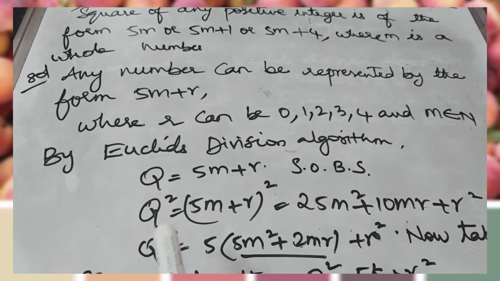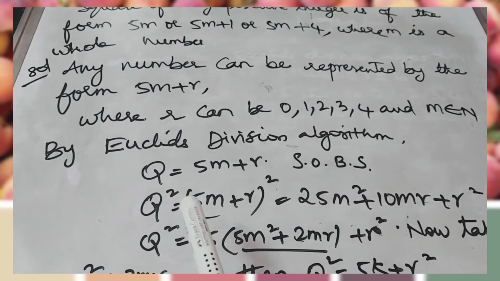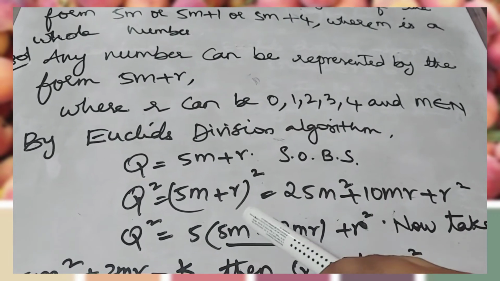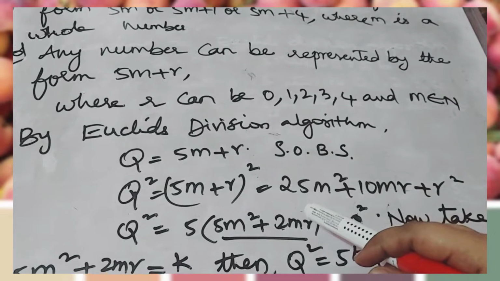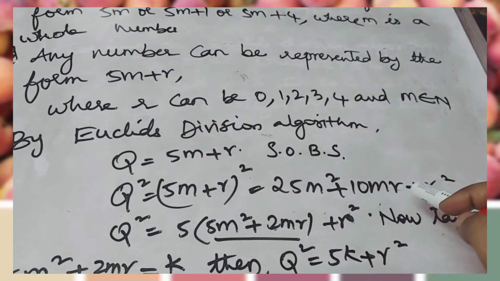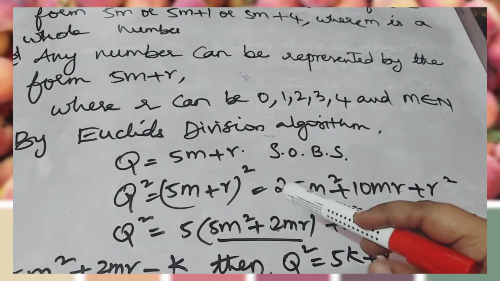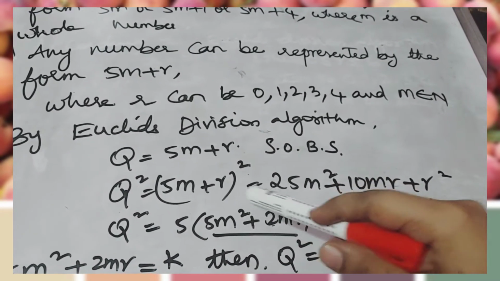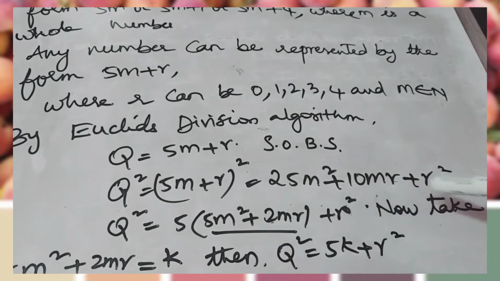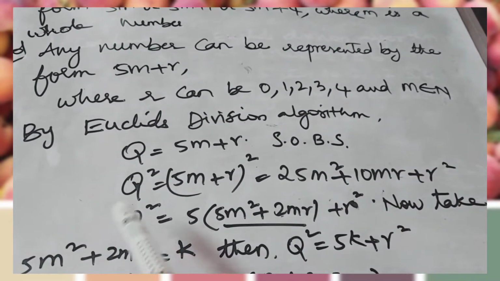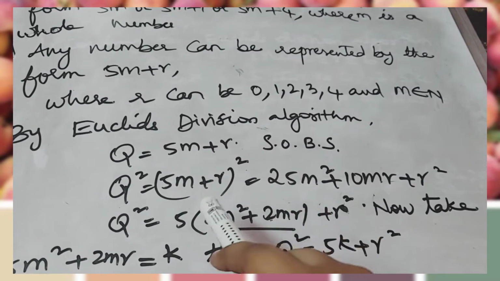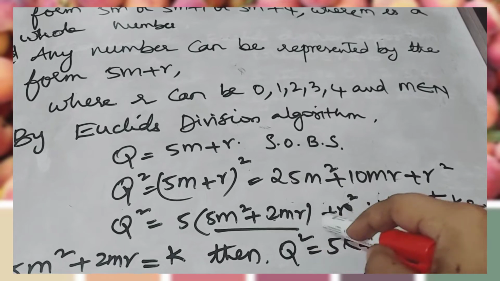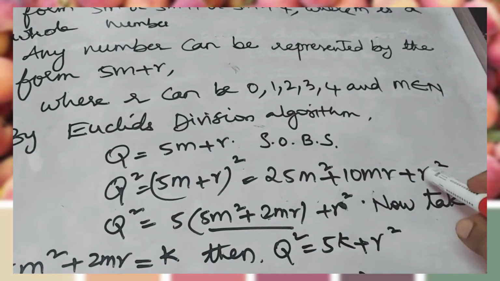Now squaring on both sides, q² = (5m + r)². It is (a + b)², so (5m)² is 25m², plus 2ab, 2 into 5m into r, that is 10mr, plus b², which is r². Then q² = 5(5m² + 2mr) + r².